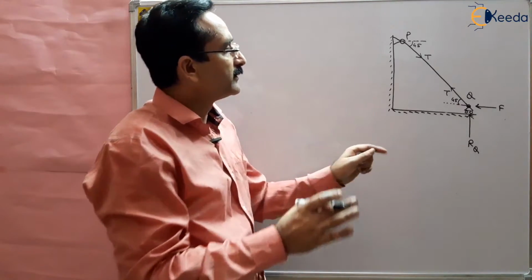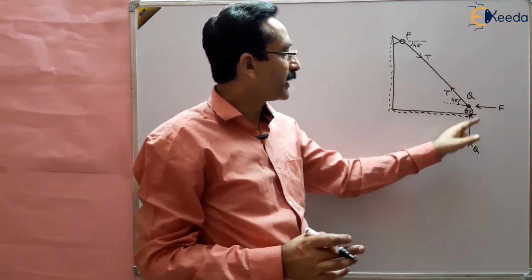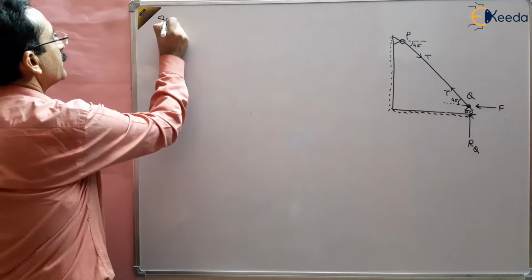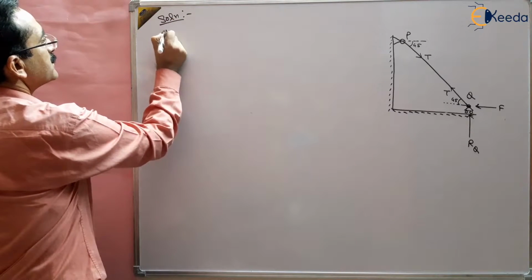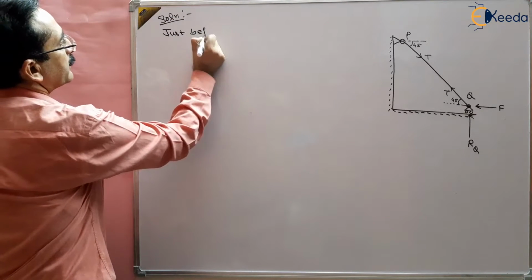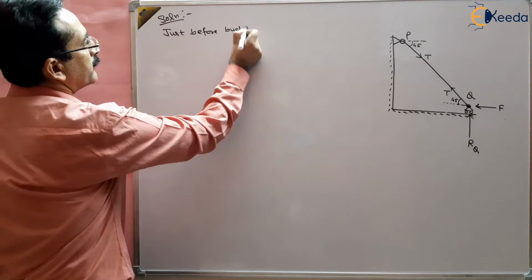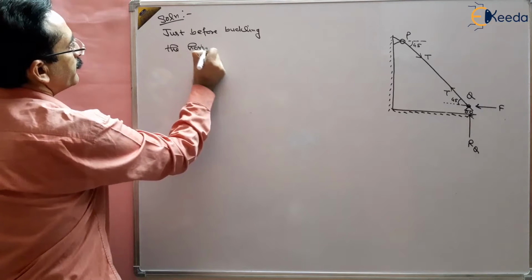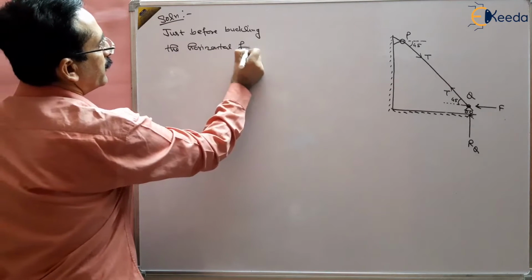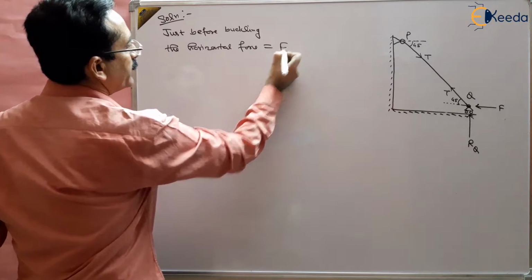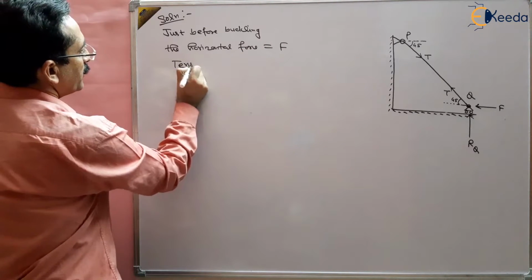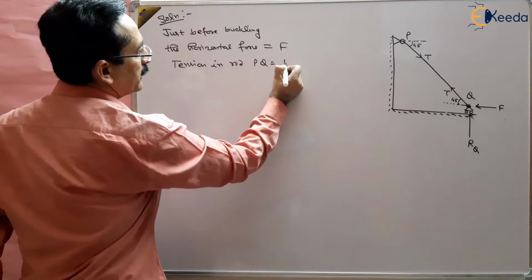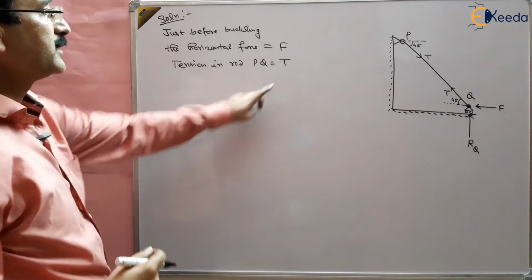Just before buckling, this body is in static equilibrium, and at that point the horizontal force is F and the tension in rod PQ is T.